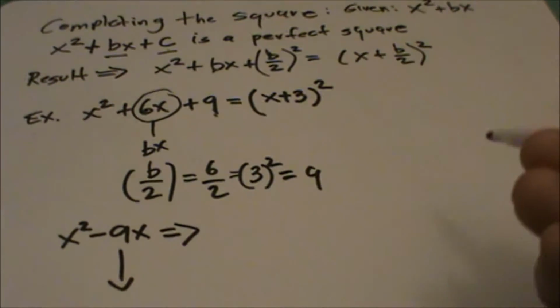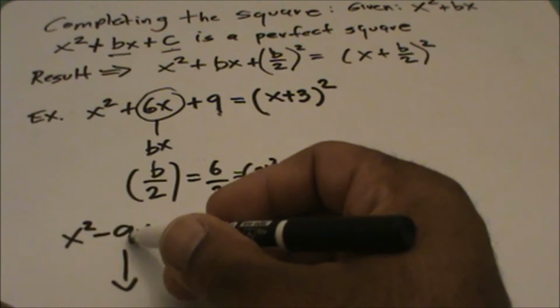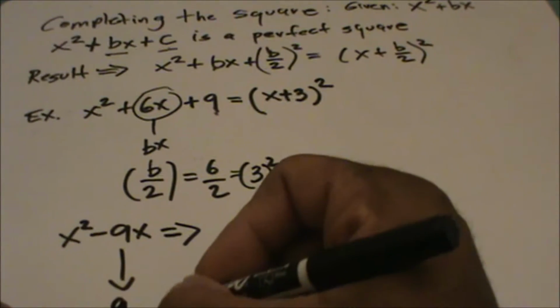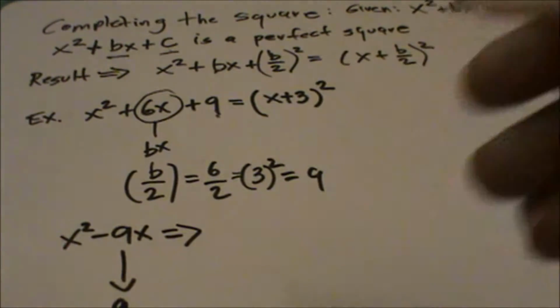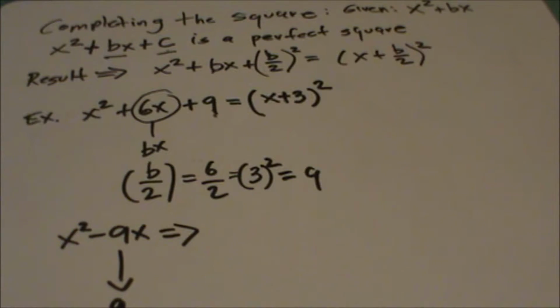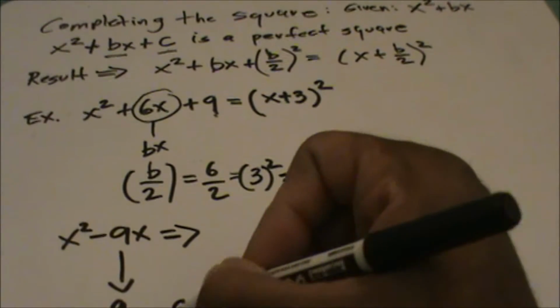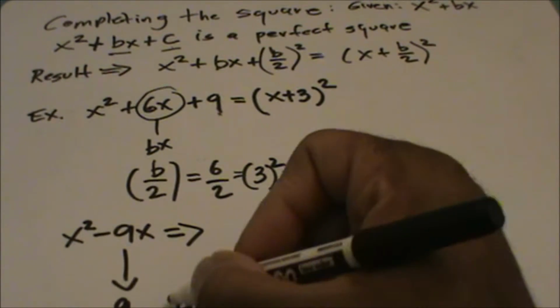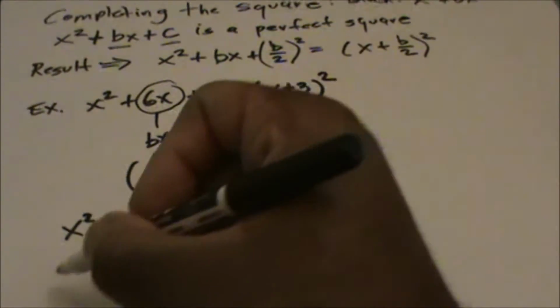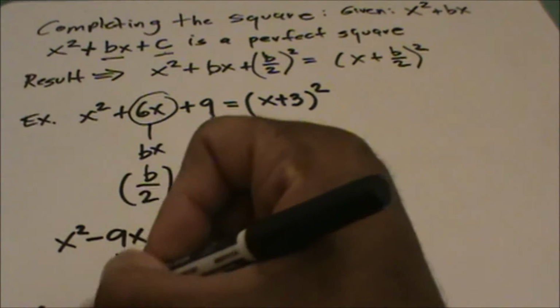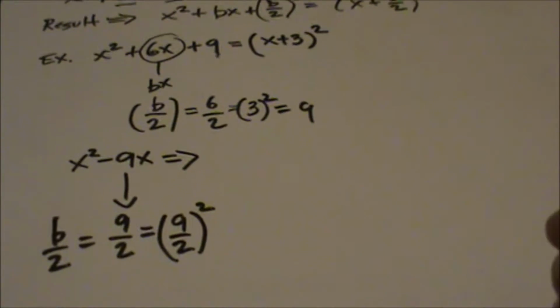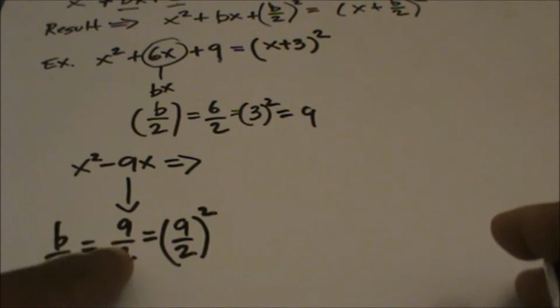But in this case, I'll show you. Take half of 9, which is 9 halves, and then square it. So this represents b over 2, 9 over 2.